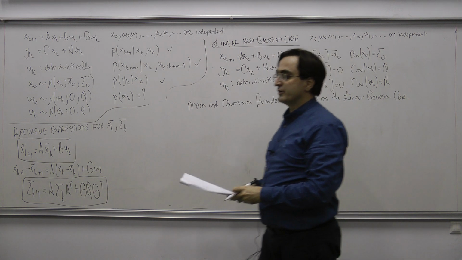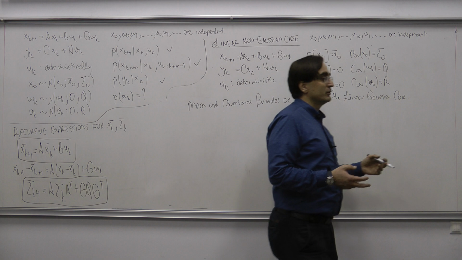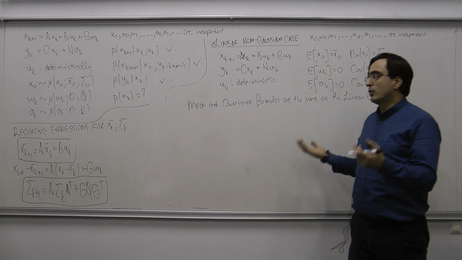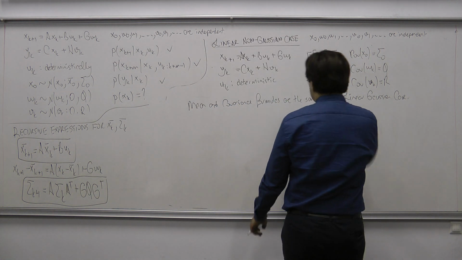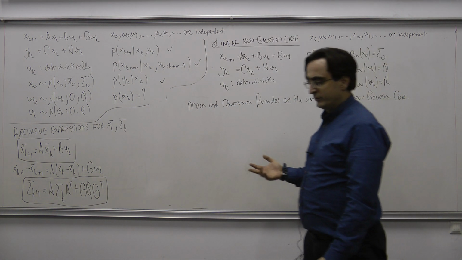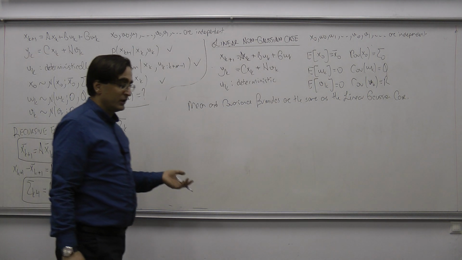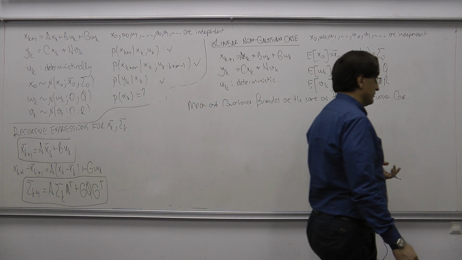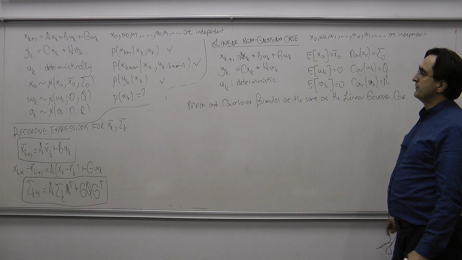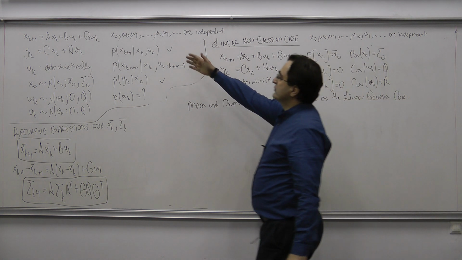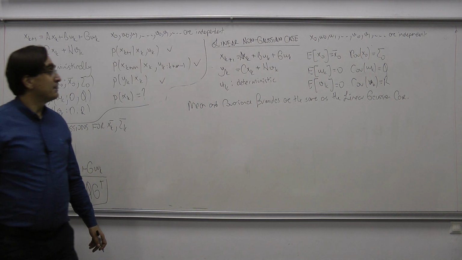But the distributions, the conditional or unconditional distributions that we have found, are of course going to be different for the linear non-Gaussian case. Finding the distributions, even the conditional ones, which are usually much easier than the unconditional ones, would be different from the Gaussian distributions that we have found for these variables.